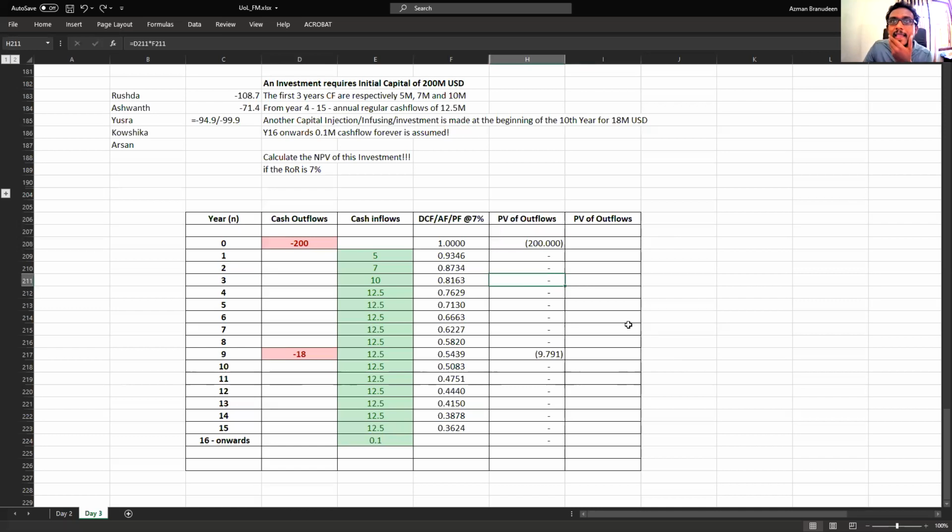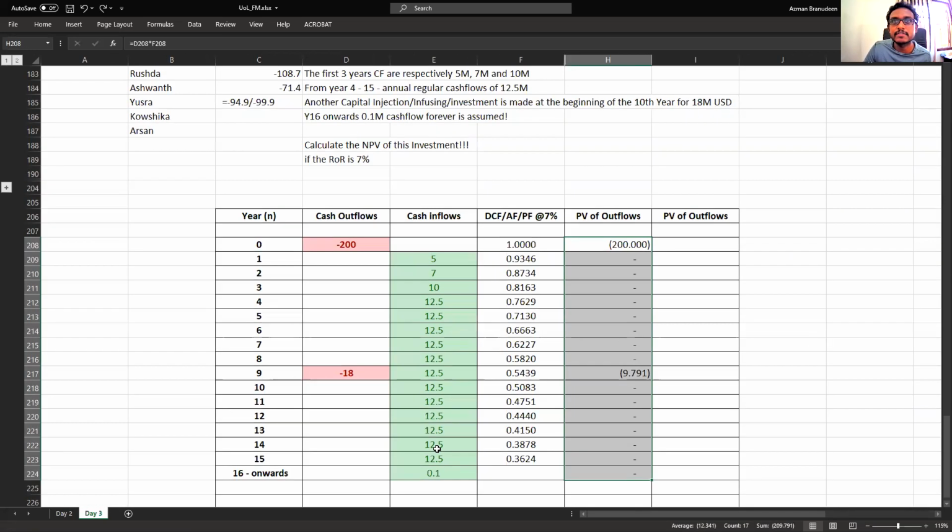Now, is this correct? Is everybody clear with how I got the present values here? 200 into 1, and the 18, since it's happening at year 9, which is the beginning of year 10, 18 into 0.5439. The present value is today. It's like spending 18 million in 9 years. It's like spending 9.791 million today, right?